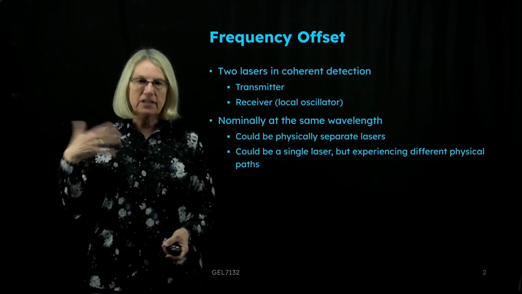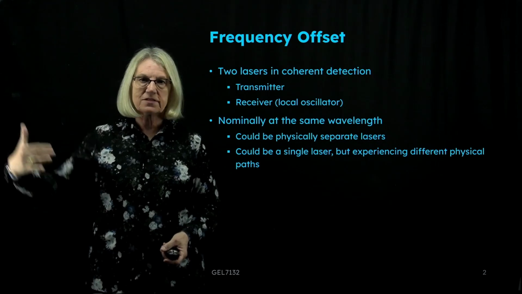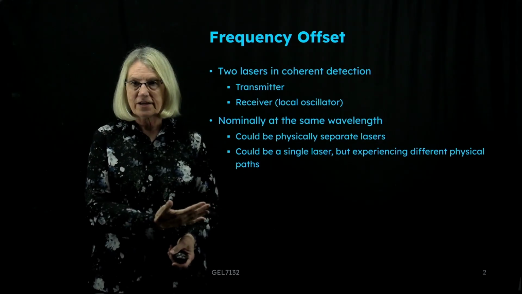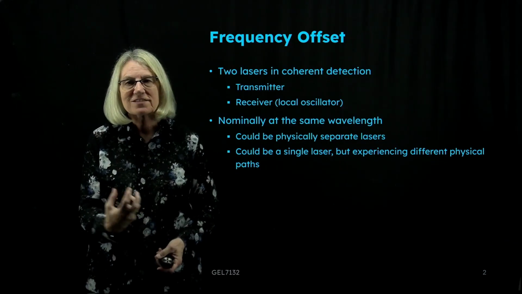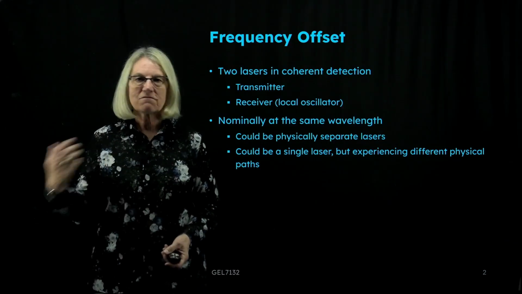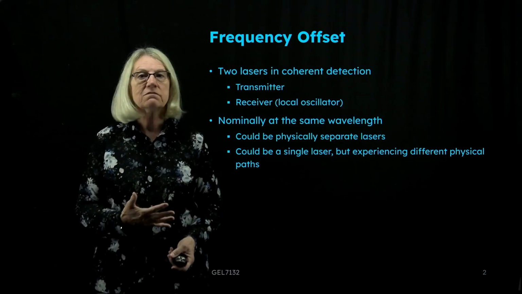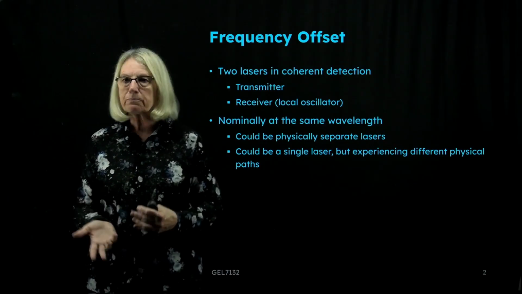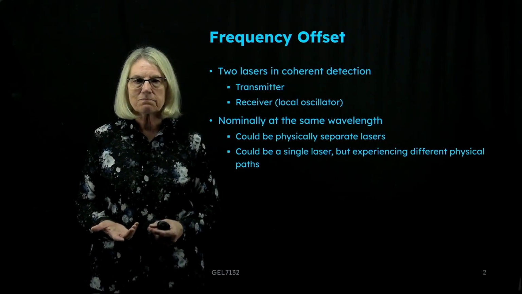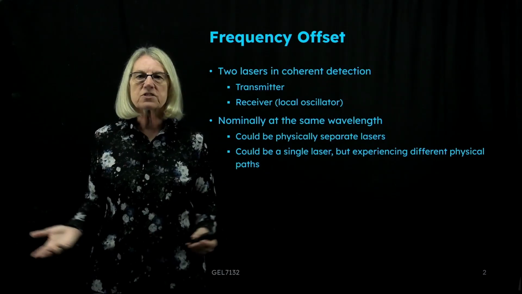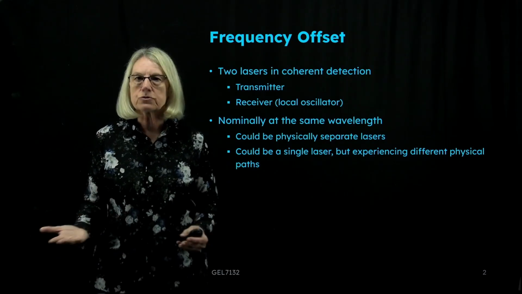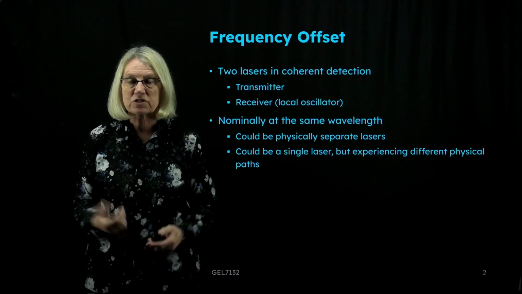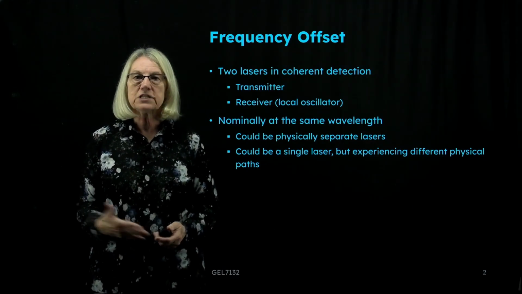So I have a laser which generated my bits, and that same laser is being used in the local oscillator. But because the signal has gone through some physical transmission, short, long distance, that could have perturbed the wavelength, and it's possible that the different physical paths have somehow introduced a frequency offset. So frequency offset is a problem that we have to assume exists and to deal with it.